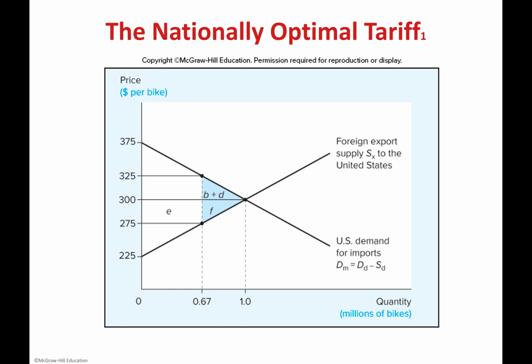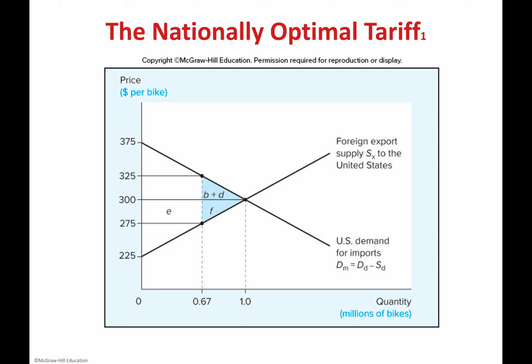So the E there is the amount of revenue that the government's getting from the imports, and B plus D is the loss that domestically we're taking due to inefficiencies.